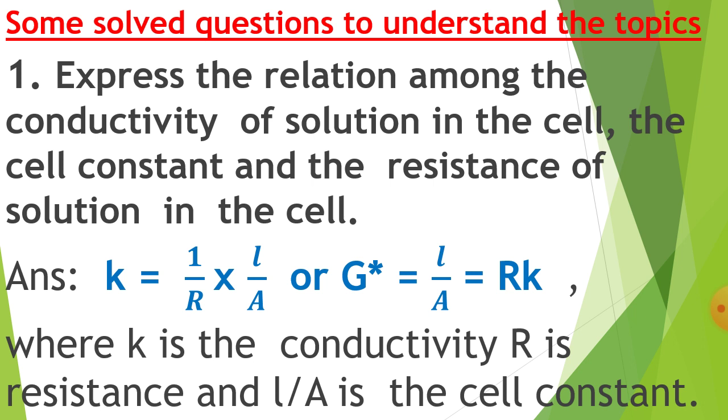Or you can write G star equals L by A, that is equal to RK. This type of question may be asked in the board examinations. You find the relationship between conductivity, cell constant and resistance, where K is the conductivity, R is the resistance and L by A is known as the cell constant.